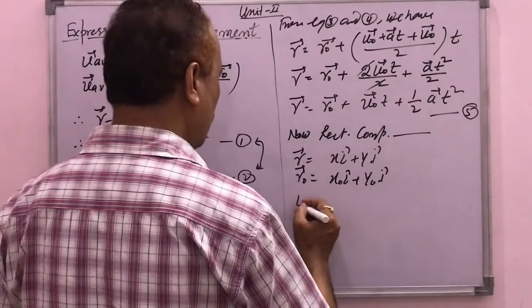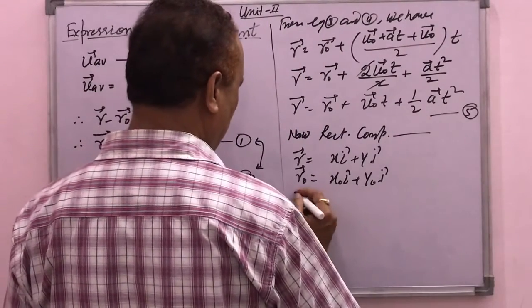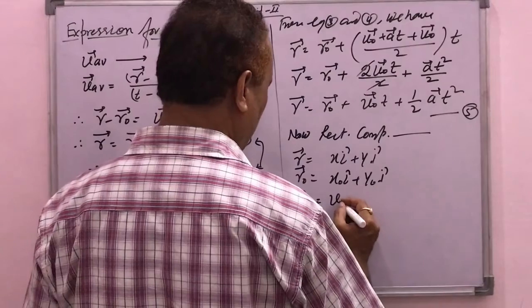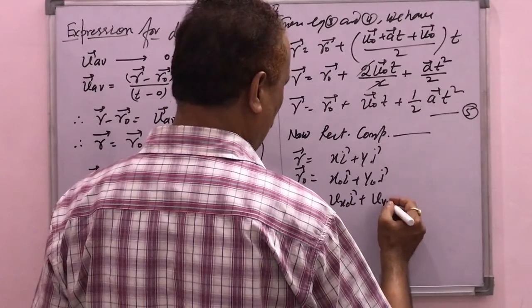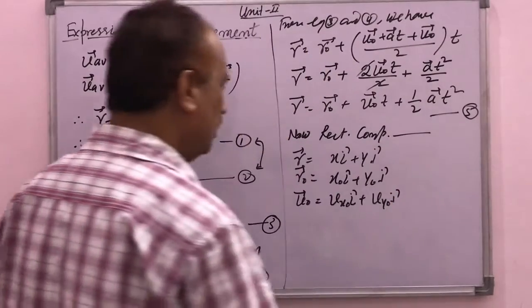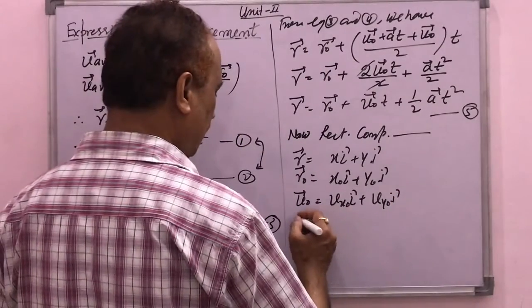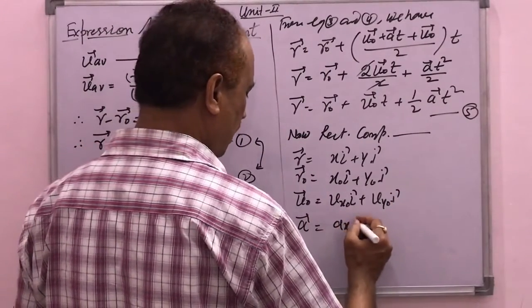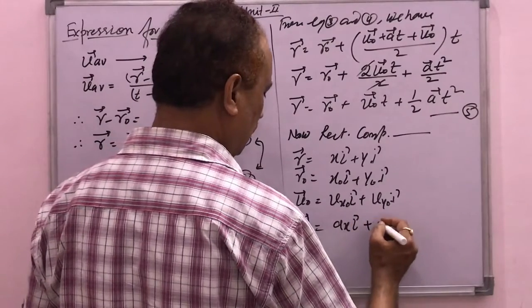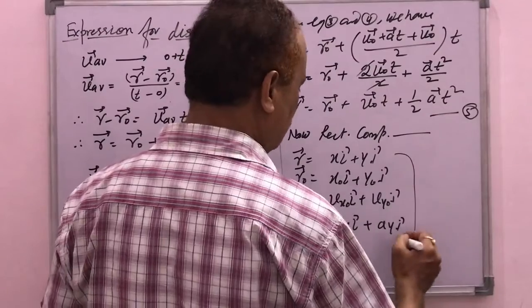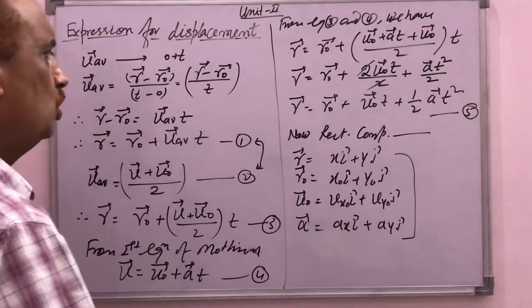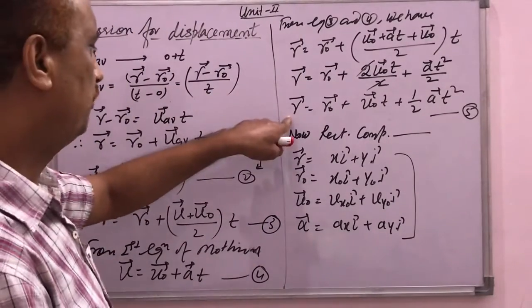Similarly, V naught vector is v x naught i vector plus v y naught j vector. Similarly, vector a equal to a x i unit vector plus a y j unit vector. These four equations are used in equation number 5.